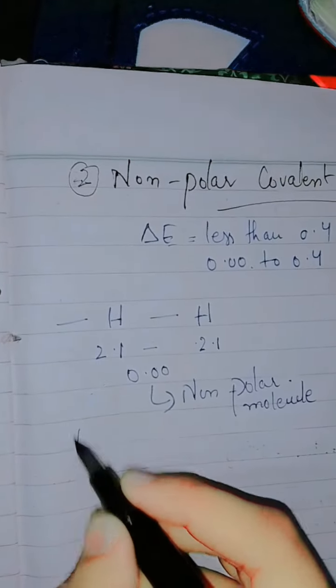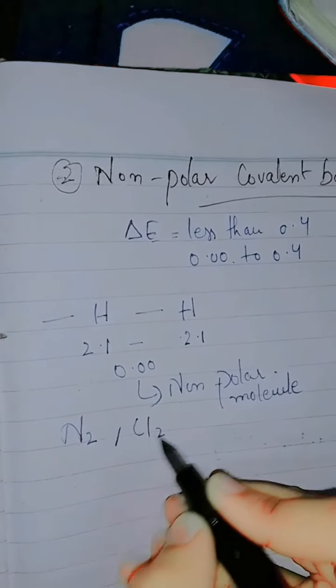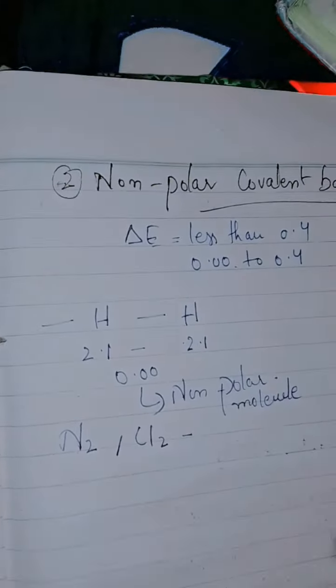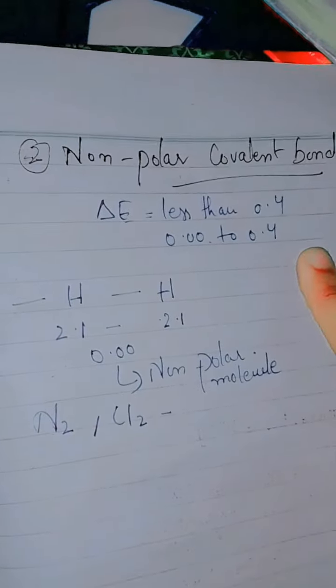Similarly, like nitrogen, chlorine, they all are non-polar molecules. Their electronegativity difference is less than 0.4.